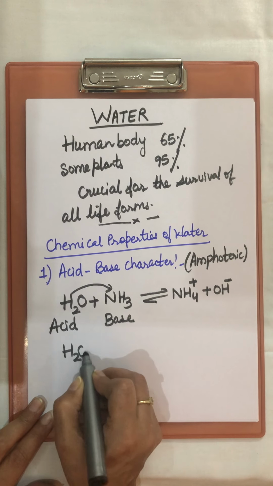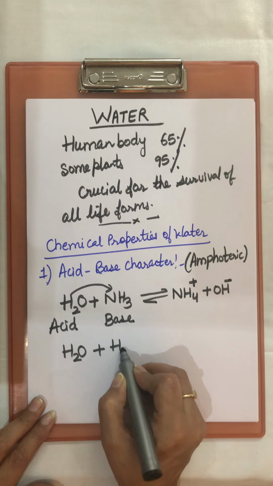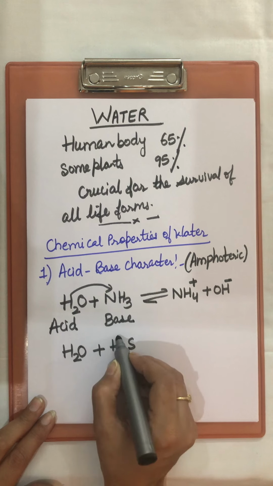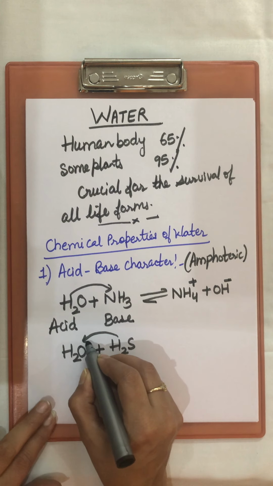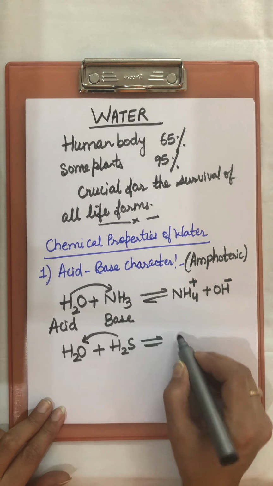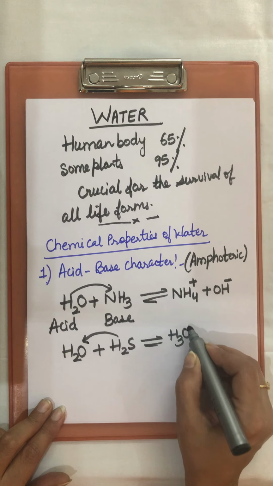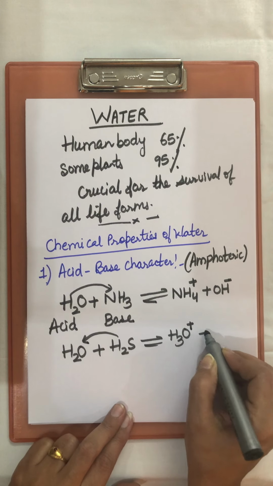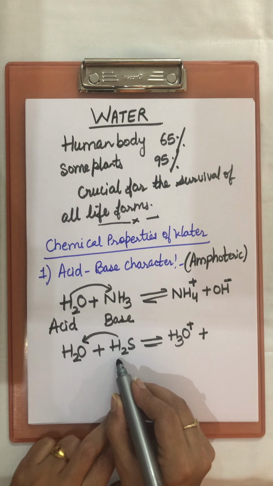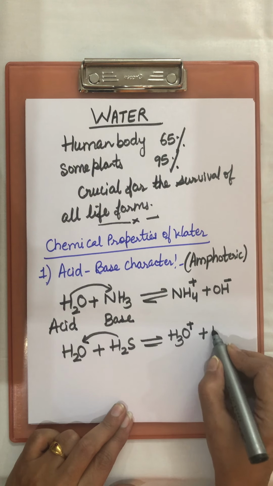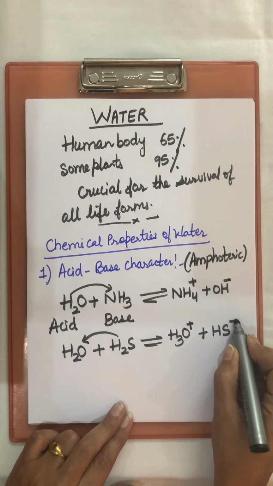In this example, when water reacts with H2S, in this case H2S gives its H plus to the water and now water changes to H3O plus hydronium ion, and by loss of H plus, H2S changes to HS minus.